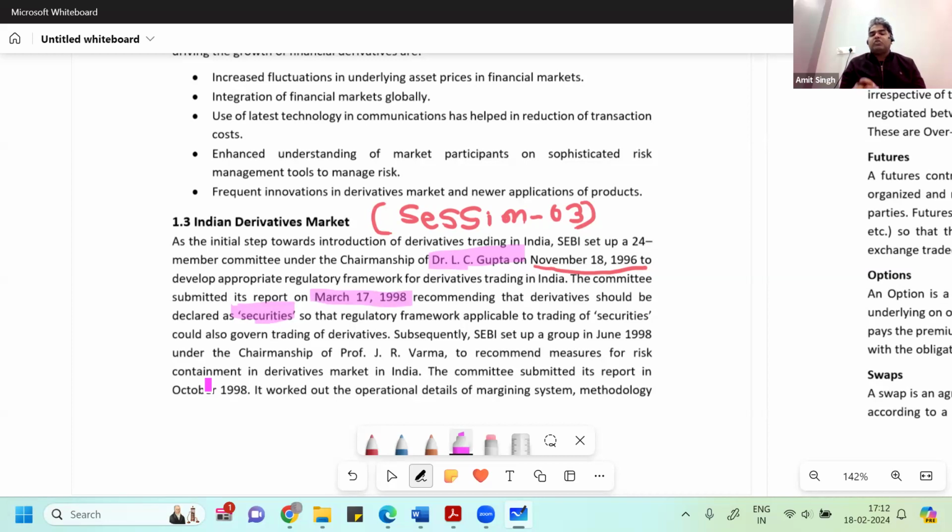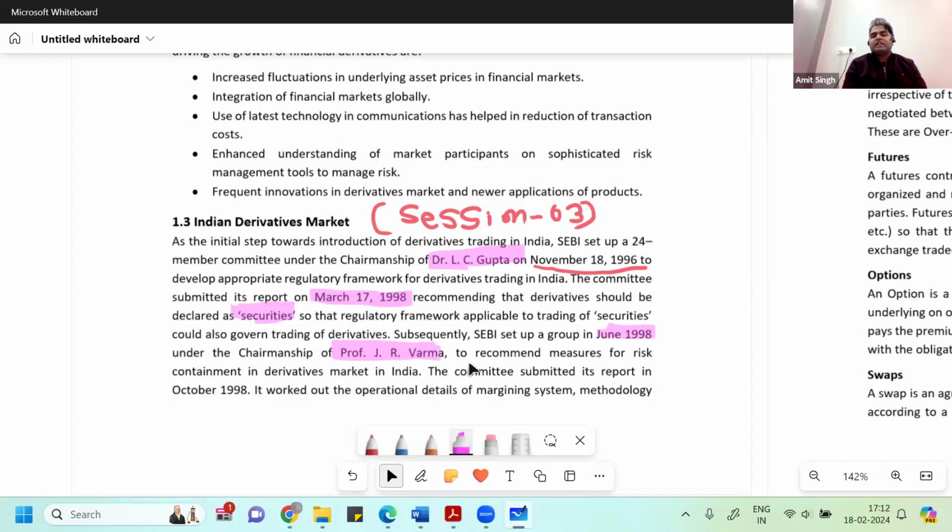Subsequently, SEBI, Securities Exchange Board of India, created a group in June 1998 under the chairmanship of Professor J.R. Verma, to recommend measures for risk containment in the derivative market in India.